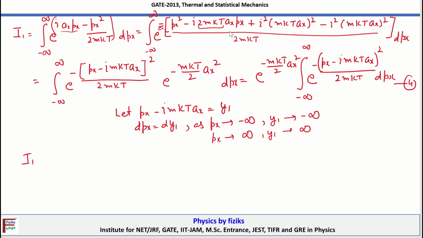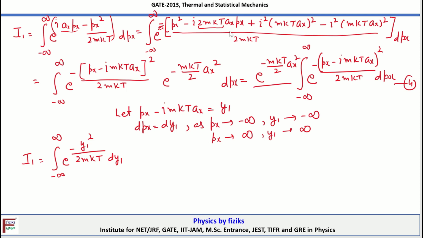Therefore I1 is equal to the integral from minus infinity to plus infinity of exponential minus y1² upon 2mkT, dy1, and then multiplied by this quantity.